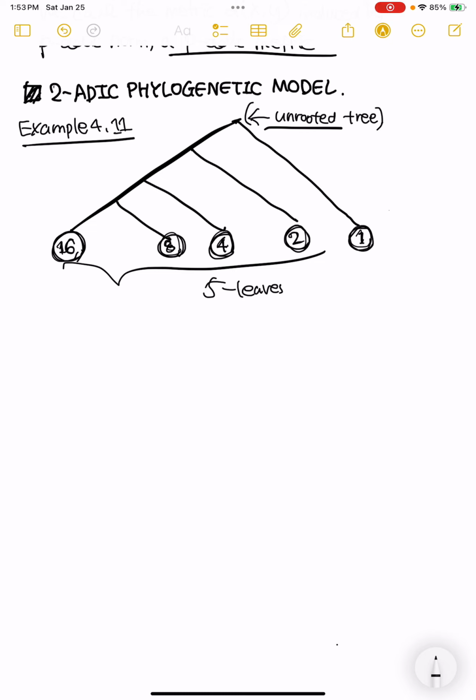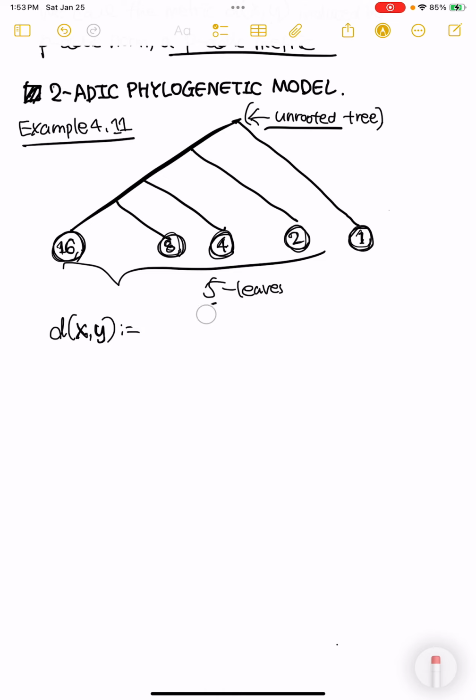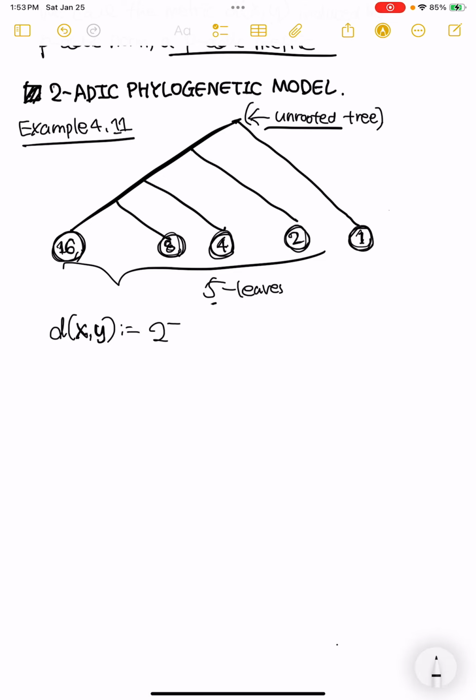And when you think about the metric between two species, X and Y, that is not a usual metric as we know. That comes to the two-adic metric, so called, by definition.